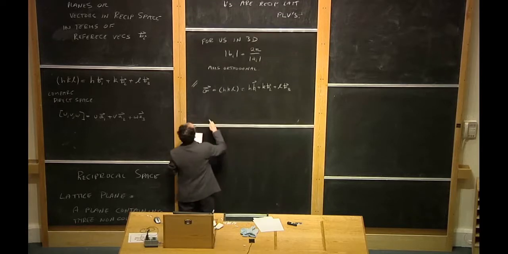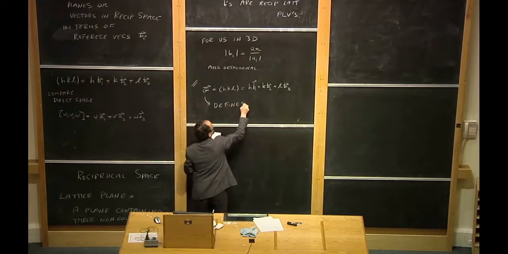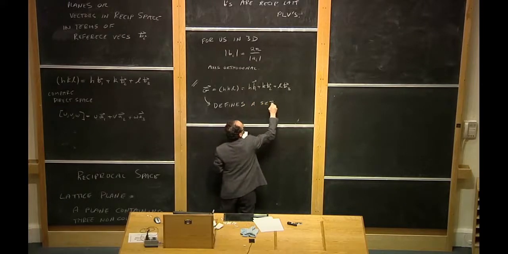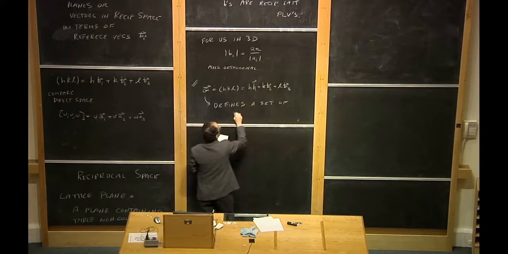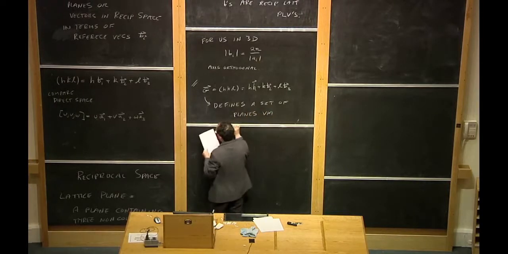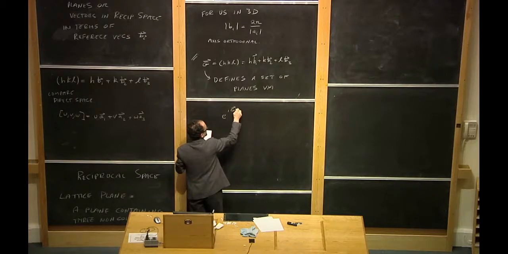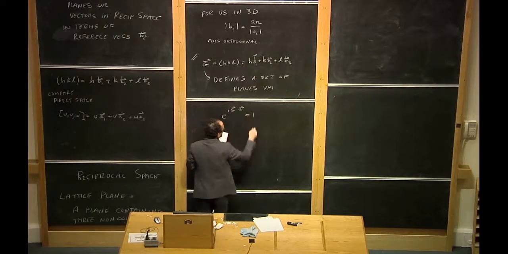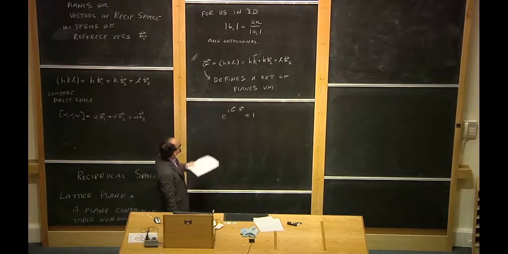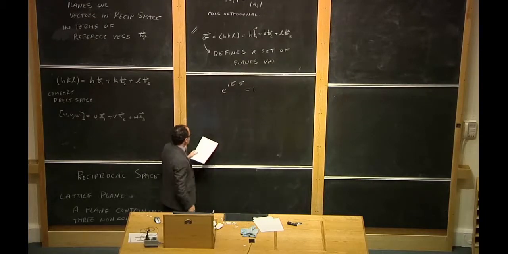But always G defines a set of planes via e to the i G dot x equals 1. We can always define a set of planes from any vector G this way.